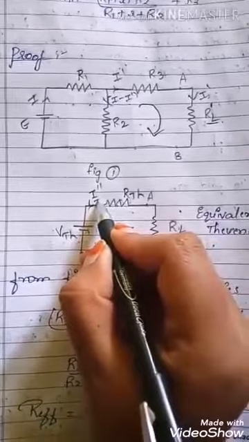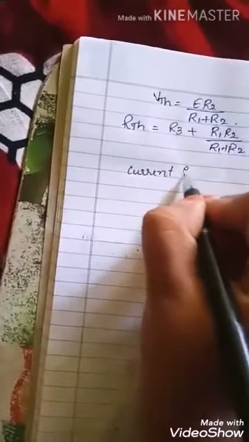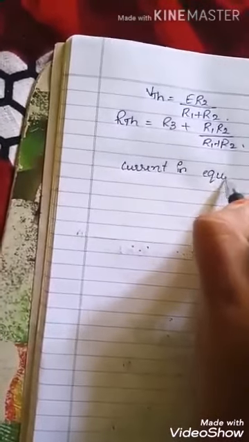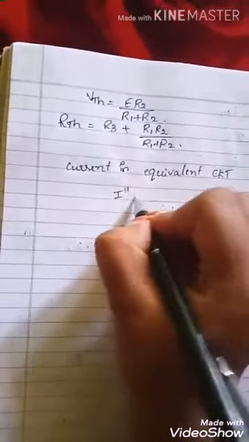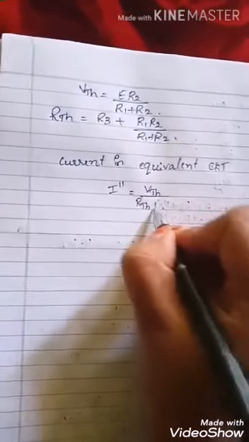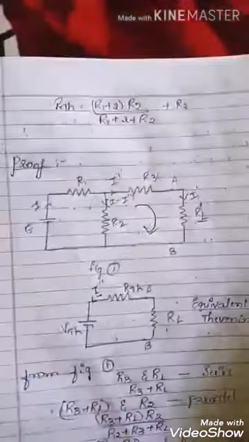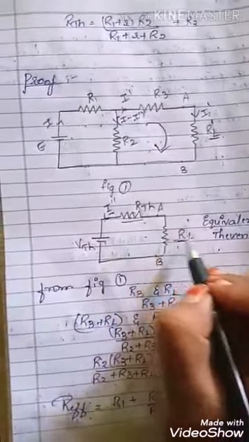So the current I double dash in the equivalent circuit is given by VTH divided by RTH plus RL, because RTH and RL are in series with each other, so RTH plus RL.